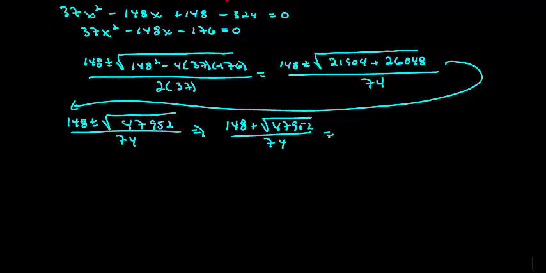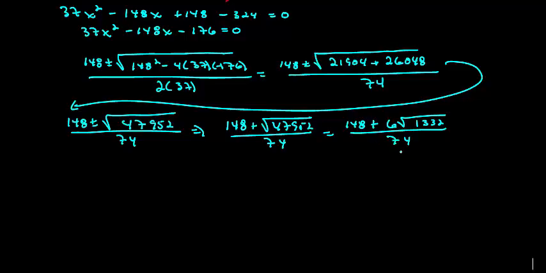So let's see here. I don't think this is going to come out real nice. 47952. I mean, we can look at dividing it by a bunch of numbers to get an exact value. So this would be 148 plus 6 times the square root of 1332, if I divide by 36.